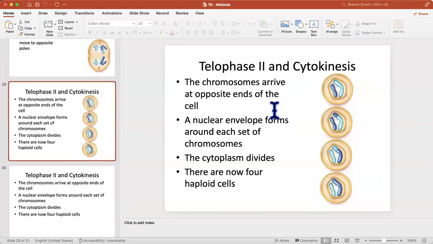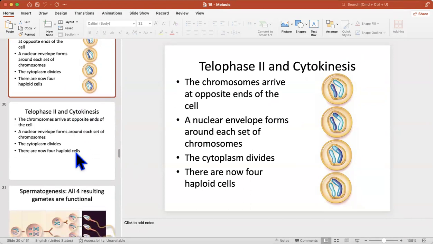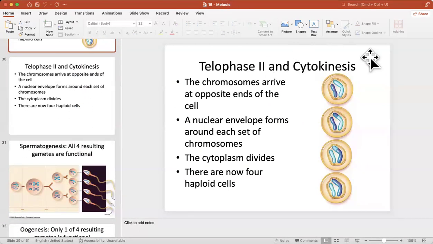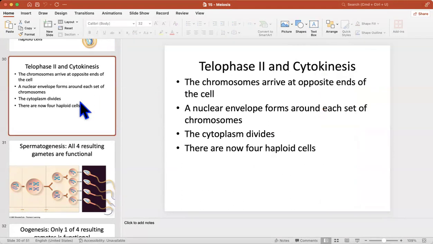So you end up with four gametes. Eventually the diversity increased, and each gamete's chromosomes and genes are very different. Okay, so that's meiosis.